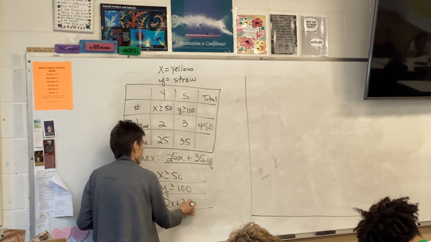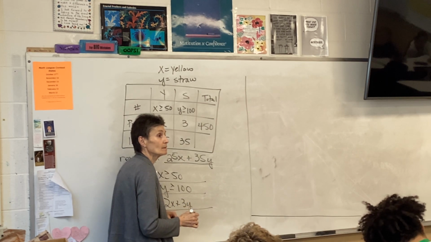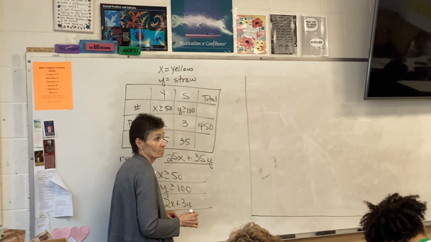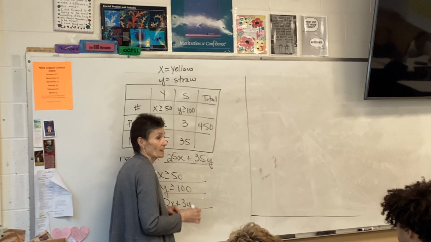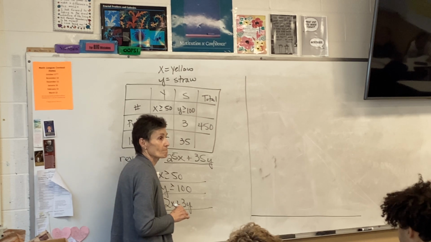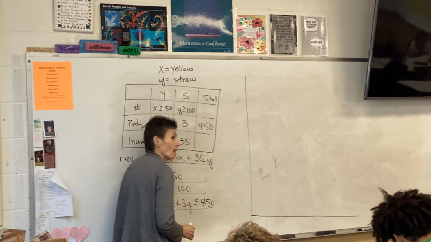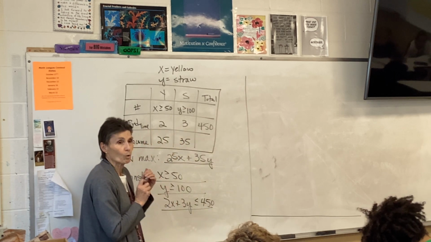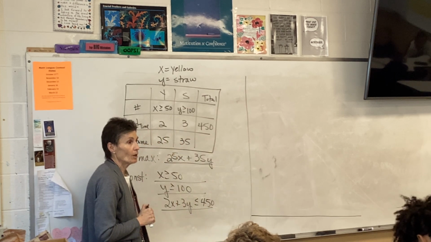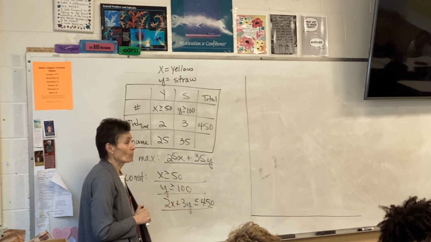2x plus 3y is less than or greater than? Less than. Guys, I only have 450 hours. Can I work more than 450? Nope. All my people go home. That's all I got, 450 hours.